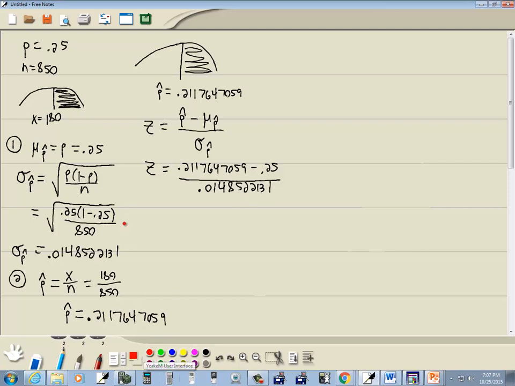Now whenever you plug in something in your calculator, if you have more than a single number on top or bottom, you have to put parentheses around that part. So we're going to put parentheses around the numerator when we plug this one in.